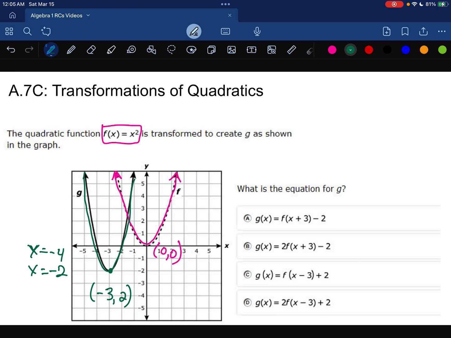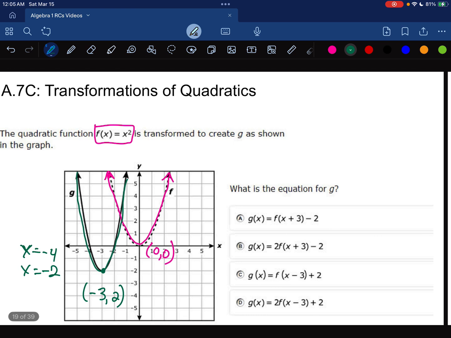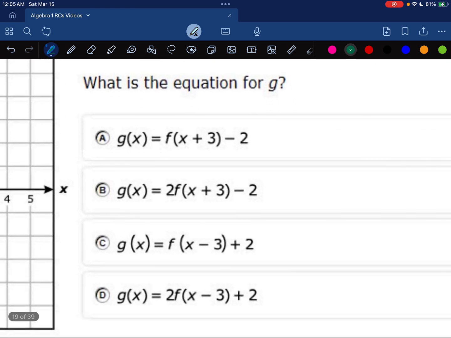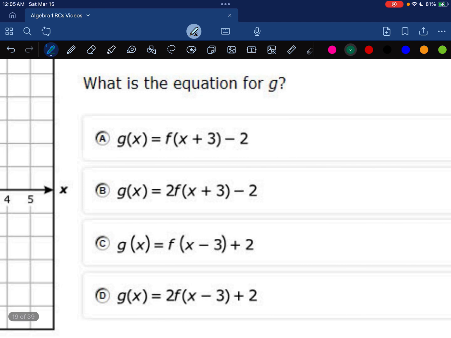It says, what is the equation of g? Do not get confused by the f of x. I tell my students to rewrite it. We know that it's a quadratic, so all I'm going to say is x plus 3 squared, because it's just telling me that it's a quadratic, minus 2.